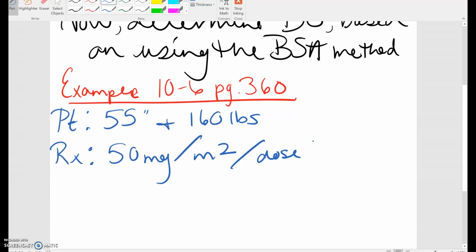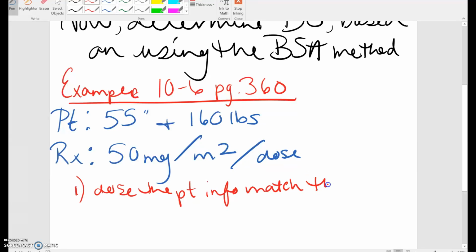All right. So based off of this information, the very first question you ask yourself is, looking at the information, does the patient's info match the order? The patient's info is in inches and pounds.